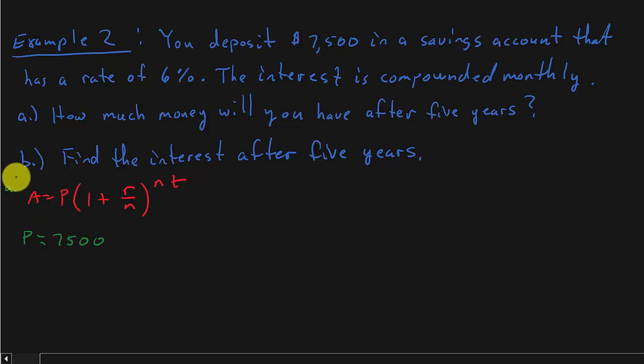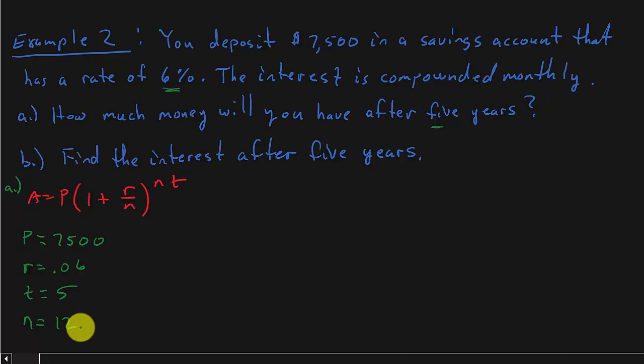And by the way, this is part A. P is 7,500. R, that's the 6% here. So that's 0.06. T, that's for 5 years. They give us that here. That's 5. And now in this one, we've got N. So it's compounded monthly. Well, how many months are in a year? 12.